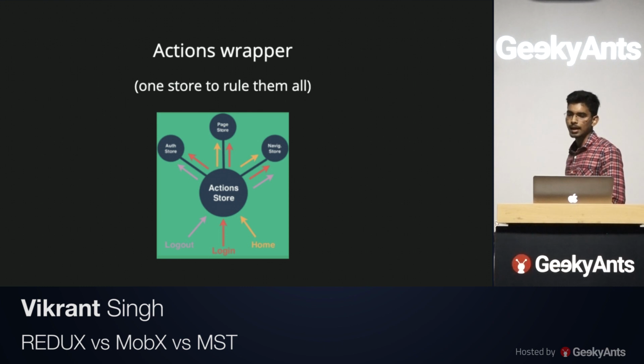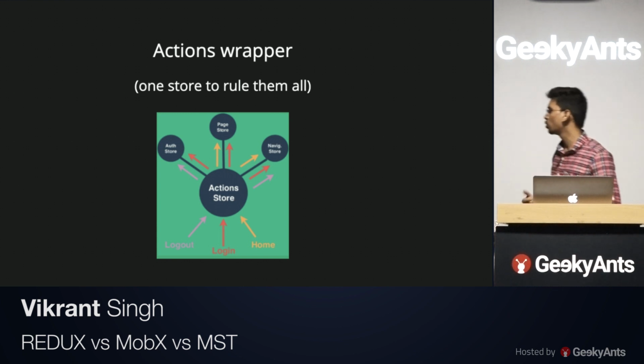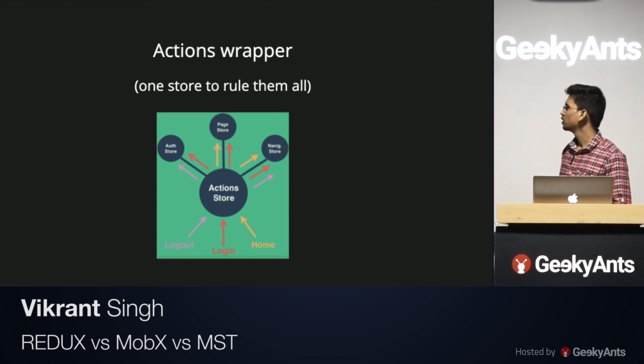The second one is actions wrapper. You can also say it's kind of one store to rule them all. All you need to do is create a particular store which has direct access to the auth store, page store, and navigation store. So if you want to do stuff like logout, login, or just go to the home page, you can directly get access to the auth store, page store, and navigation store and invoke their actions.